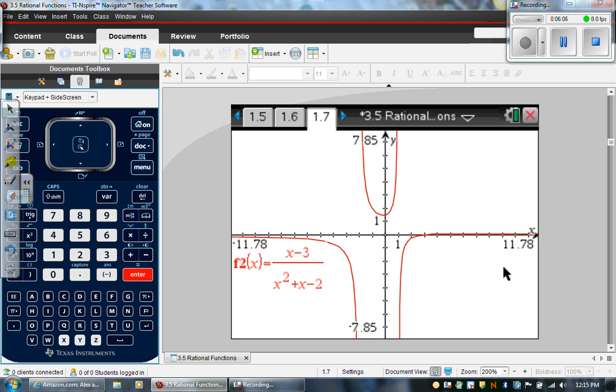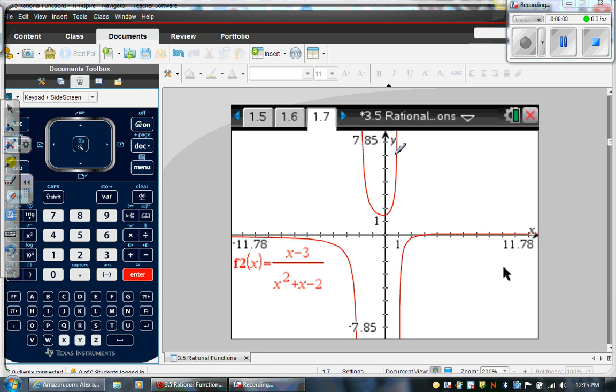And it actually looks like I have 2 asymptotes here. It looks like I have one at x equals 1 and another, I know one is more dashed than the other, sorry. So it looks like I have one at x equals 1 and x equals negative 2.